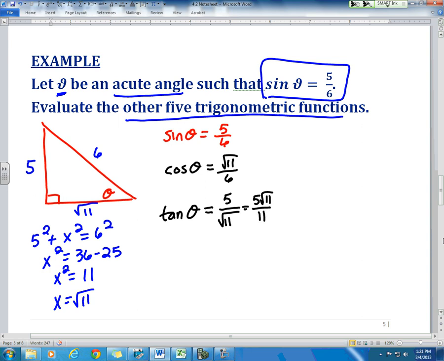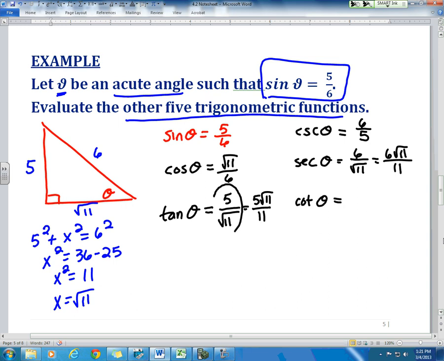If I know sine, I automatically knew cosecant as well, so that's 6/5. Secant, which is the reciprocal of cosine, will be 6 over radical 11, or 6 radical 11 over 11. I do want you to rationalize these. And cotangent of theta, I'm going to go to this step to get the reciprocal, radical 11 over 5.